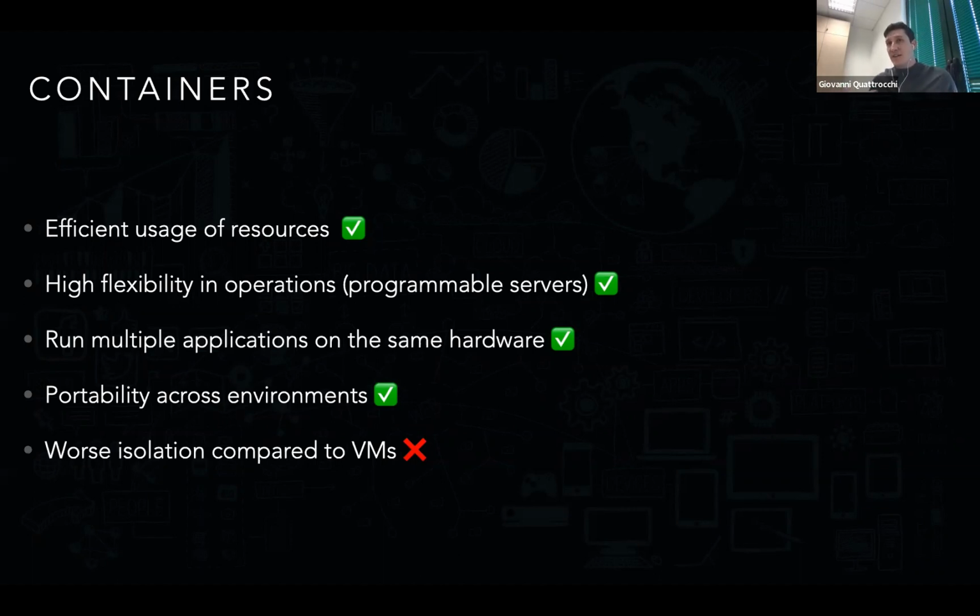One effort in this regard is unikernels. Unikernels are in between virtual machines and containers, because basically they provide the same level of isolation as virtual machines, but they don't include a fully fledged operating system, just the kernel.